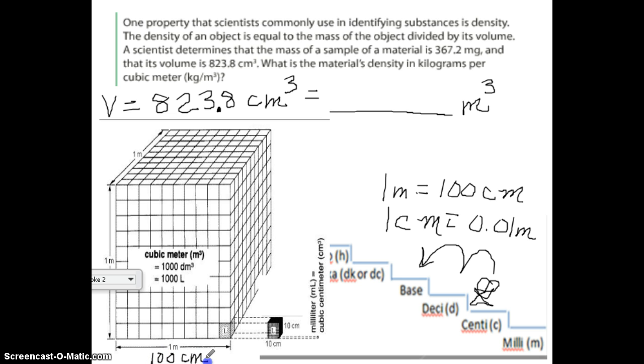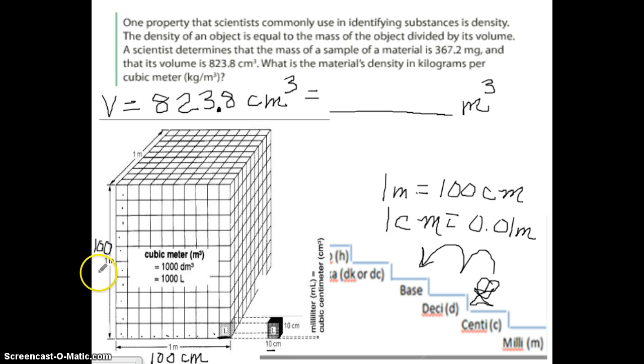So in this diagram, each box represents how many centimeters? 10. So I have 10, 20, 30, 40, 50, 60, 70, 80, 90, 100 centimeters. Okay, let's go vertical. I have a meter going up, which is 10, 20, 30, 40, 50, 60, 70, 80, 90, 100 centimeters in this direction.